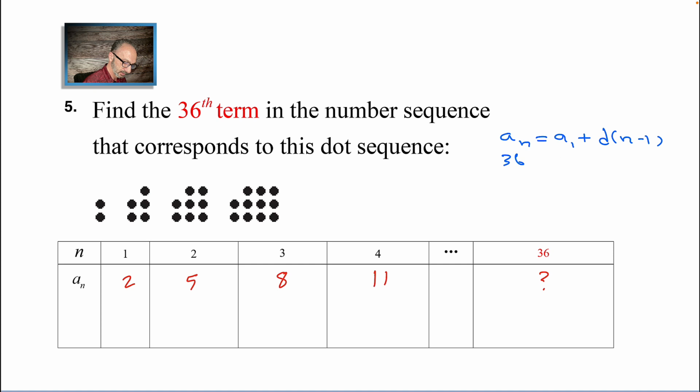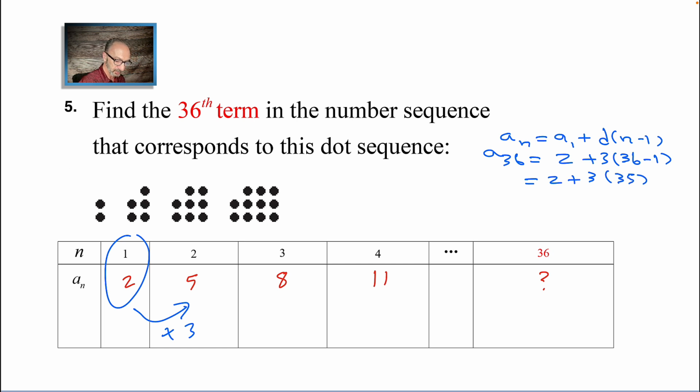A sub 36 equals a sub 1, which is 2, d is 3, and n is 36 minus 1. Equals 2 plus 3 multiplied by 36 minus 1, which is 35.